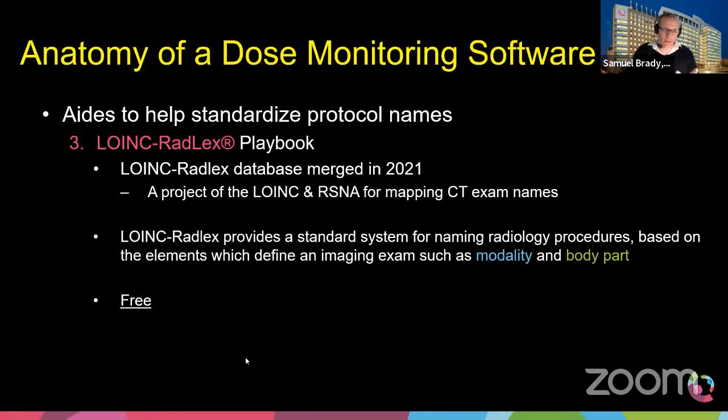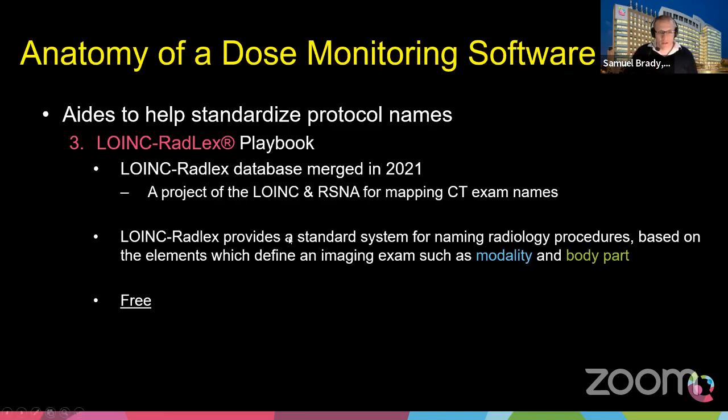Finally, the other option I would suggest is something called the RADLEX playbook. A couple of years ago, there were actually two different groups that were trying to standardize radiology nomenclature. One was called the LOINC, and the other one's called the RADLEX. In 2021, luckily, they merged, so we only have one now. And they brought both of their databases together and made one super database.